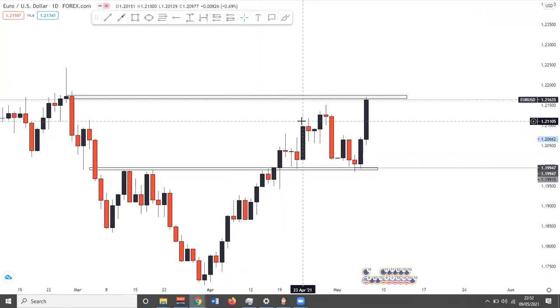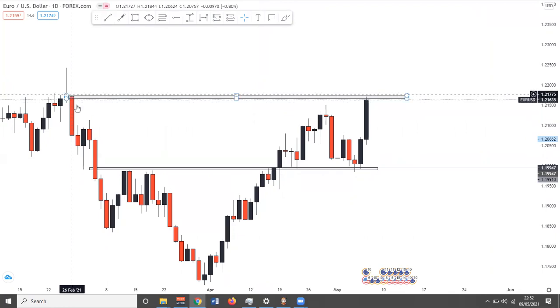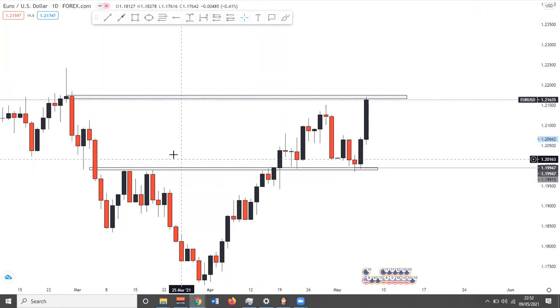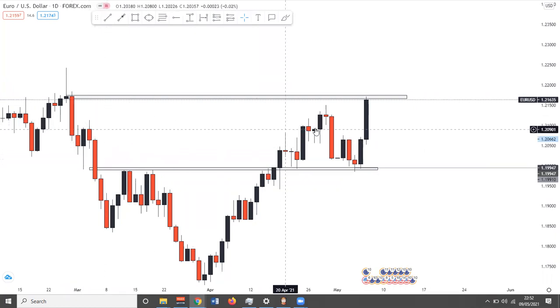It does so violently and trades into this area. Between here and here, we find this area to be the middle, an area of balance.